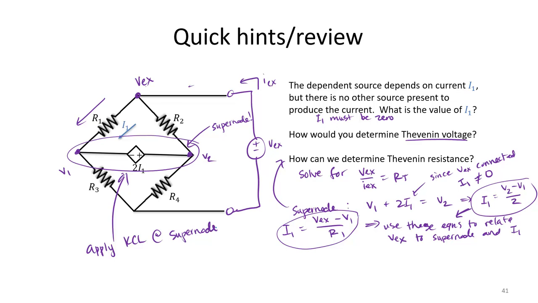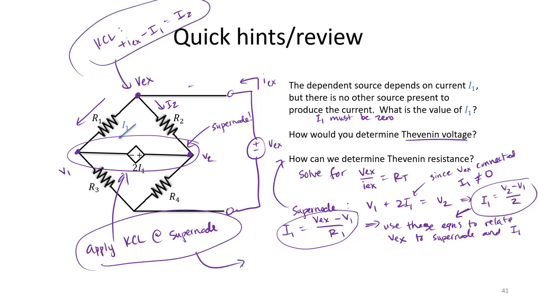And so a really good approach for this circuit is to recognize that we can apply Kirchhoff's current law at the supernode, and we know by Kirchhoff's current law that plus IEX minus I1 must equal the current I2 flowing through the other branch of the circuit. So if I use Kirchhoff's current law at both of these points, I can determine an expression for VEX divided by IEX, and that will give me my Thevenin resistance.